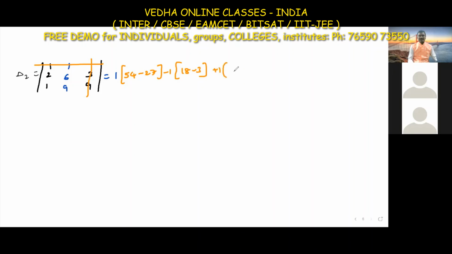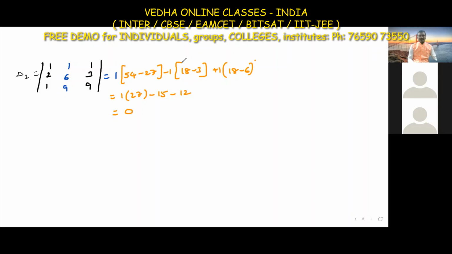Plus 1 into 2 9s are 18 minus 6. So this equals 1 into 54 minus 27, that is 27, minus 18 minus 3 is 15, and 18 minus 6 is 12. 27 minus 27, so we are getting 0 here.